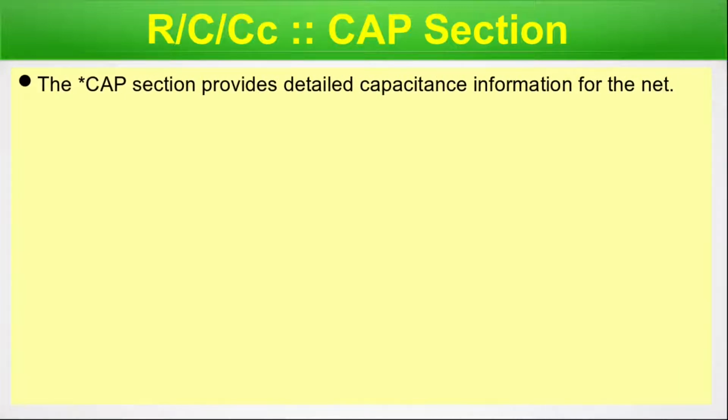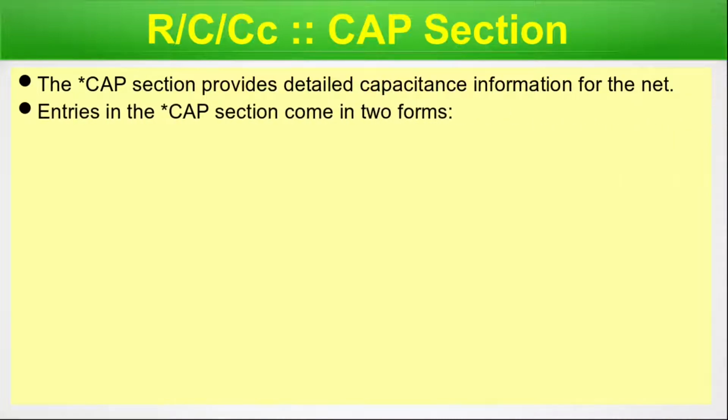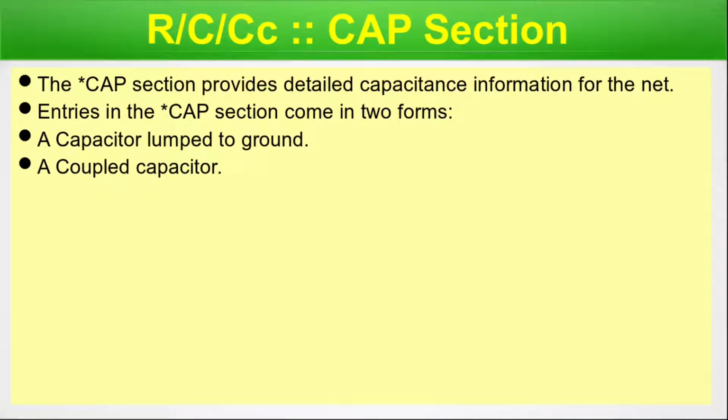Let us take a tour of the CAP section. The CAP section provides detailed capacitance information of the net. Entries in the CAP section come in two forms: a capacitor lumped to the ground and a coupling capacitor.